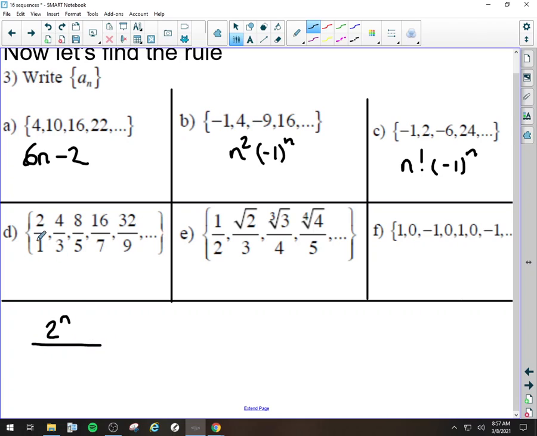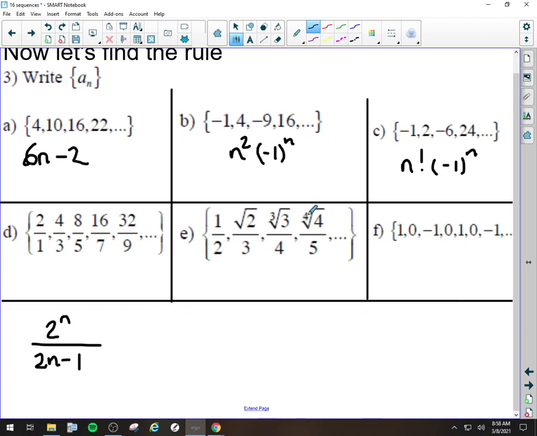And then the bottom is 1, 3, 5, 7, 9. These are odd numbers. There are a few ways you could write this, but the classic way is 2n minus 1. So that's that one. 2 to the 5th power is 32. Then 2 times 5 is 10, minus 1 is 9.